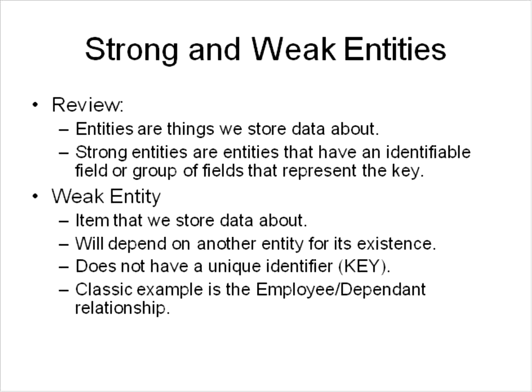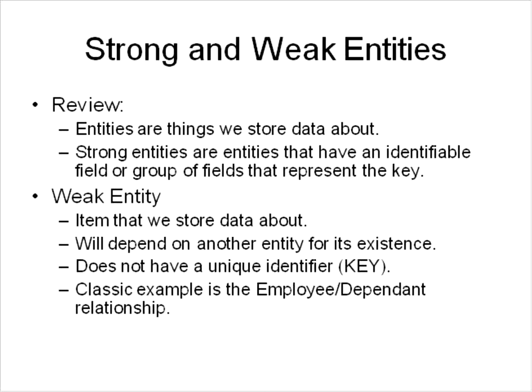If you turn in your book directly to page 175, you will find an employee, which is a strong entity, because the employee ID has a full underline. The dependent is a weak entity, and you'll notice that the dependent has a partial key, which is what we call the primary key for the weak entity.